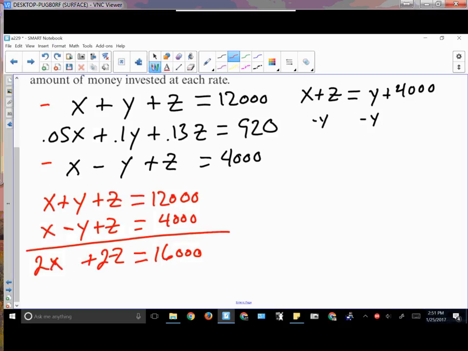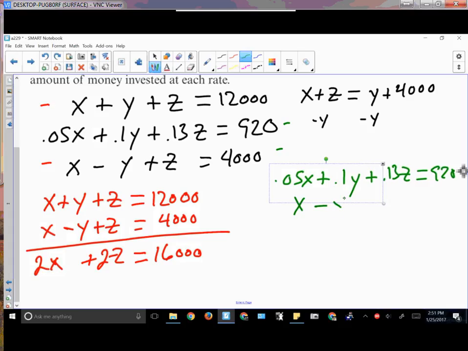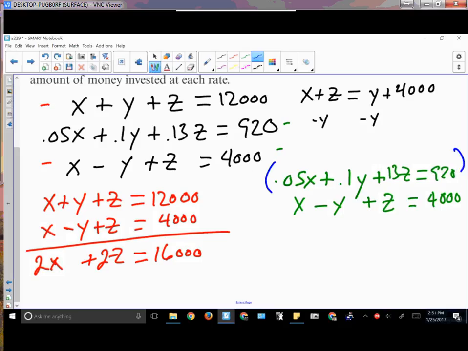Now I'm going to get rid of these two. So I'm going to take 0.05x plus 0.1y plus 0.13z is equal to 920, and x minus y plus z is equal to 4,000. So, if I want to ditch the y's here, I would need to multiply this one up here by 10.